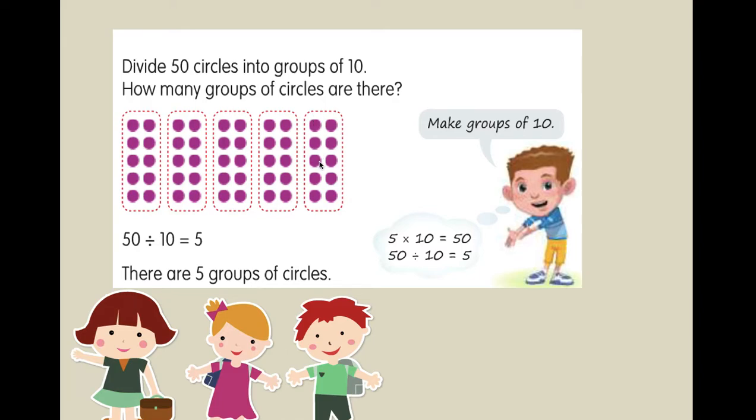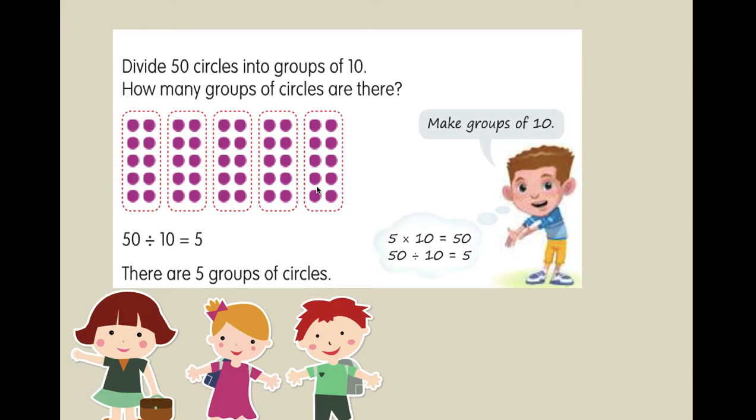So when you are dividing 50 circles into groups of tens, how many groups you made here? Let's count. 1 group, 2 group, 3 group, 4 group, and 5 group.